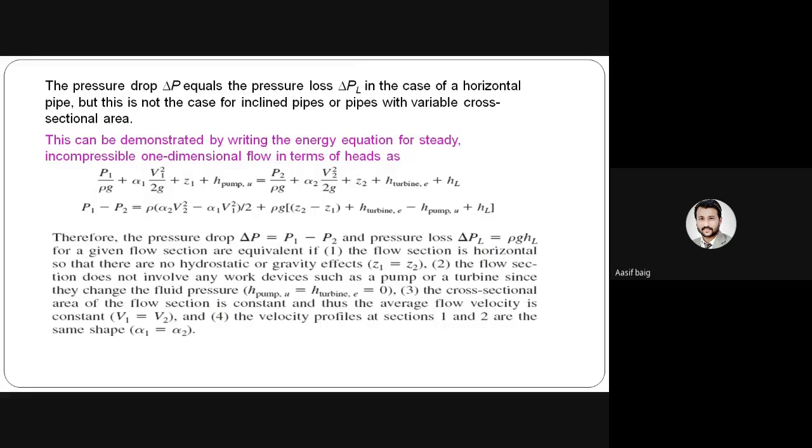This can be demonstrated by writing the energy equation for steady incompressible one-dimensional flow in terms of head as P1 by ρg plus α1 V1 square divided by 2g plus Z1 plus H pump equals P2 divided by ρg plus α2 V2 square divided by 2g plus Z2 plus H turbine plus head loss.